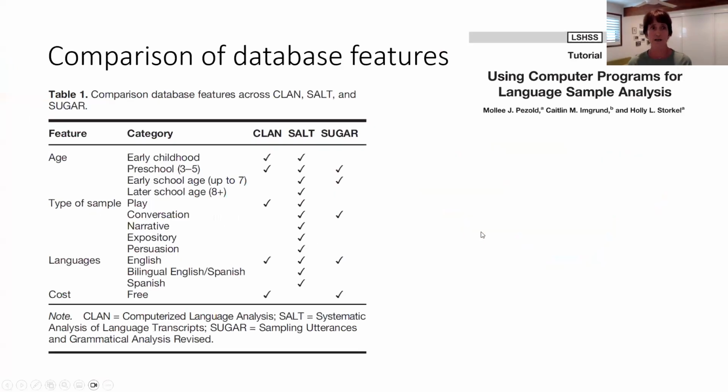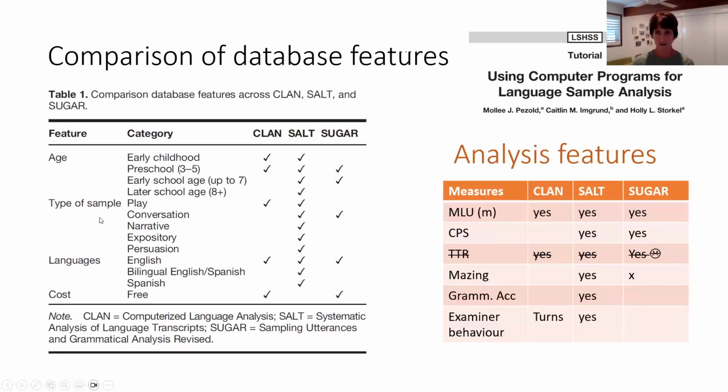So if you then look at a comparison of the database features, and again, this is from that tutorial published in 2019, you can see the age ranges that were included at that moment, the type of sample that is included as a benchmark or reference database, the languages, and then the cost.